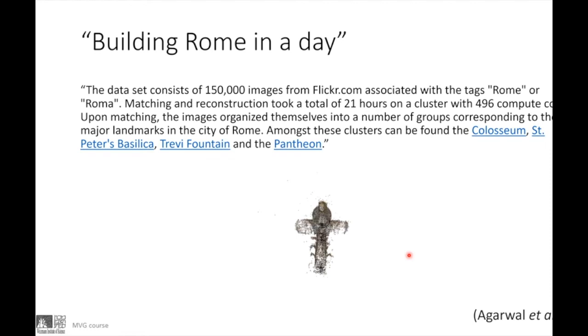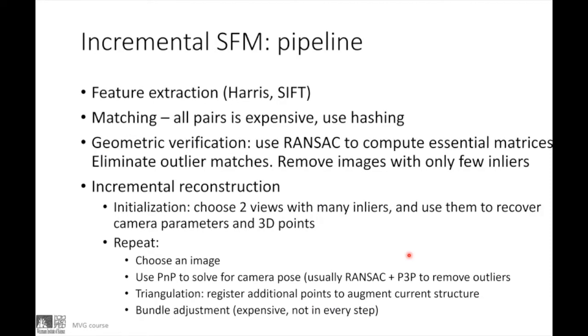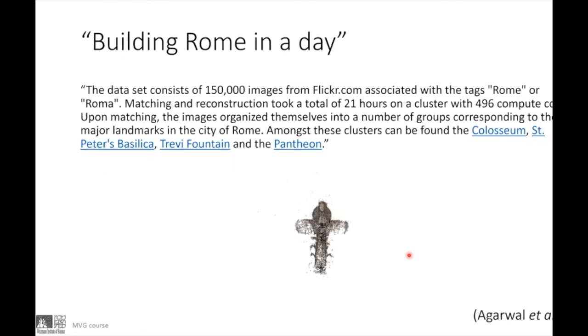And as I wrote in the previous slide, one of the tricks is not to use it in every step, but to align several new images, recover the cameras and the structure, and only every few images apply bundle adjustment to save some time. But still, this was very slow.